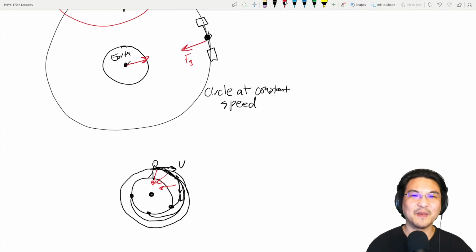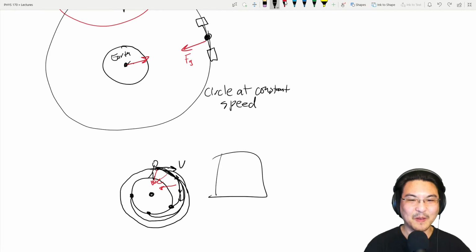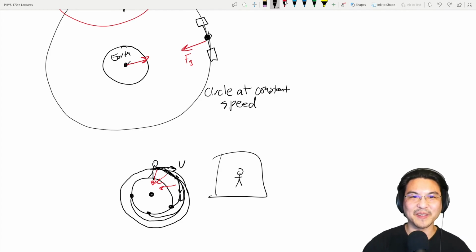So that's why, if there's the space station falling, and you're in the space station also falling at the same rate, then it's like you're floating, not because there's no gravity, there is, toward the center of the Earth. It's just that both you and the space station are falling. So that's why it's like you're floating in there.